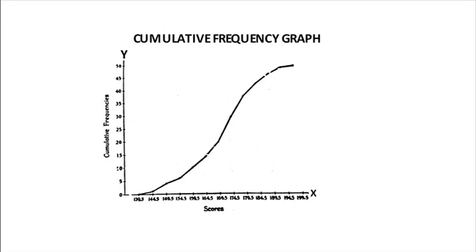So, I will start from 135 to 139, where there is no frequency. So, frequency is 0. What have I done? I have assumed 135 to 139 frequency is 0. So, the graph will be on the baseline. Just to get the graph on the baseline, we take one class interval lower from the bottom, and then you are looking at the gap.